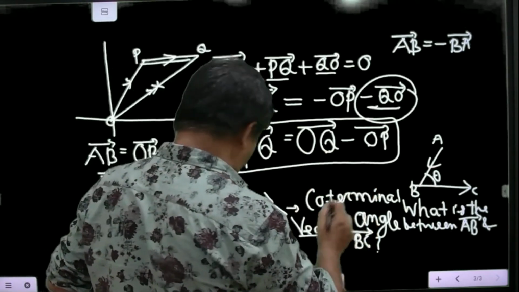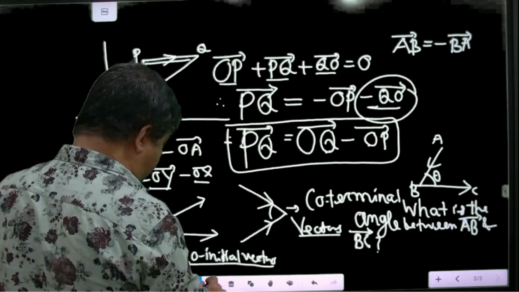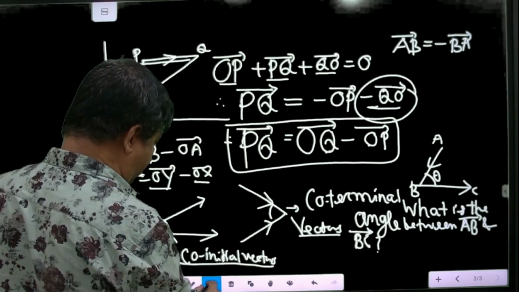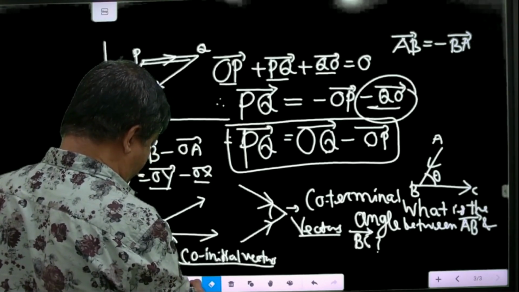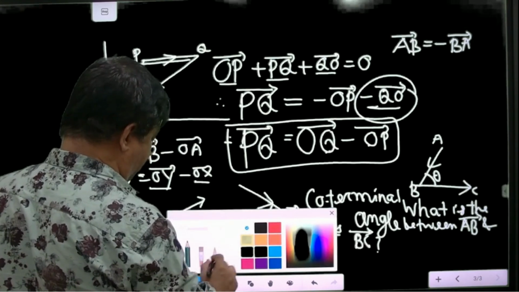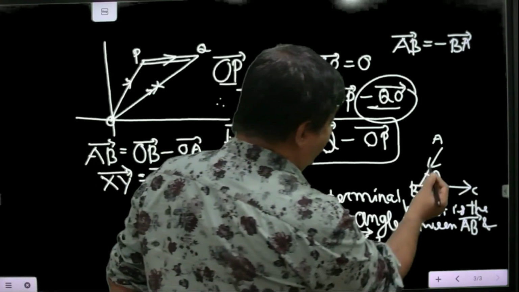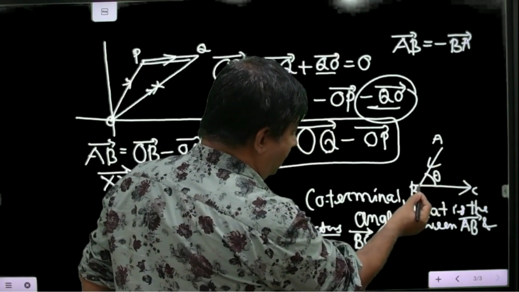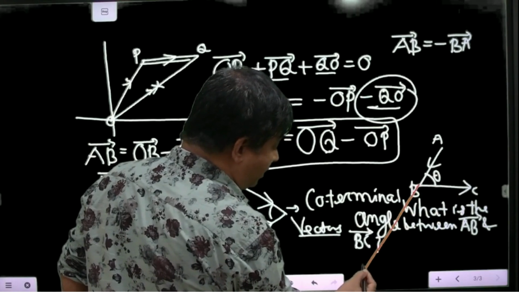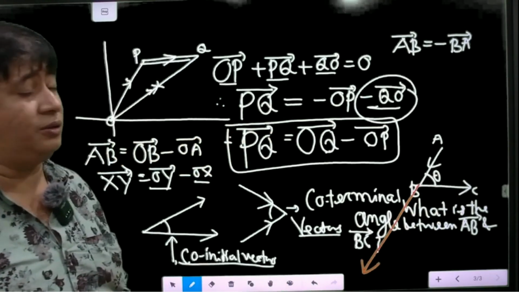So to make it co-terminal, you produce it like this. Produce it.